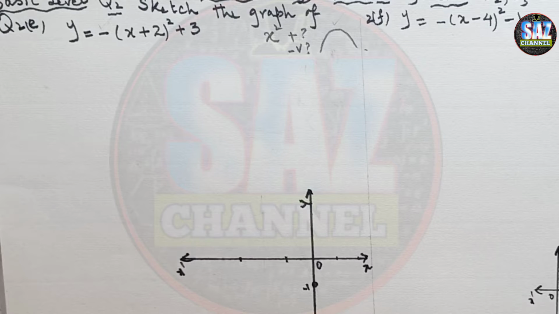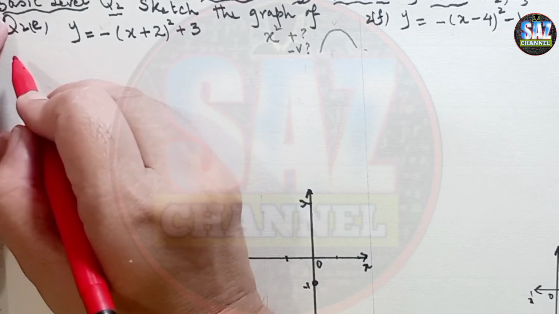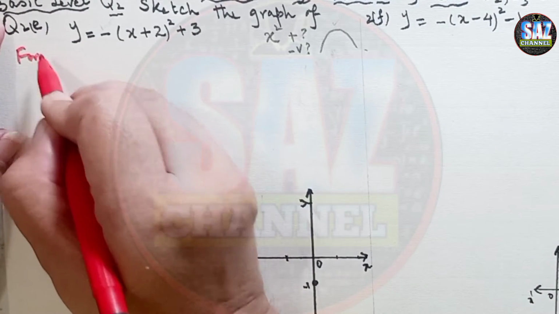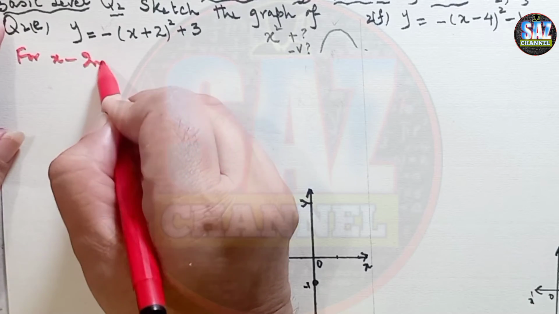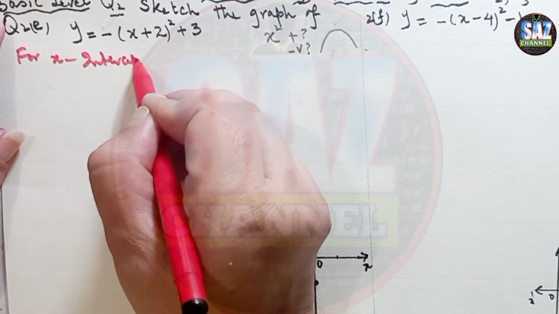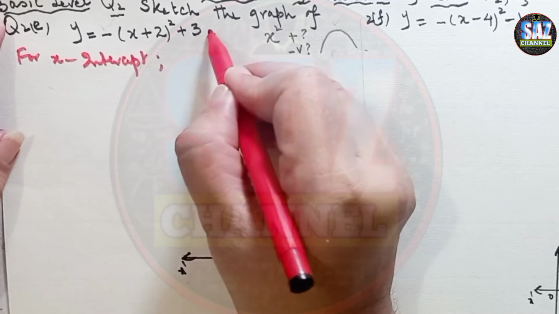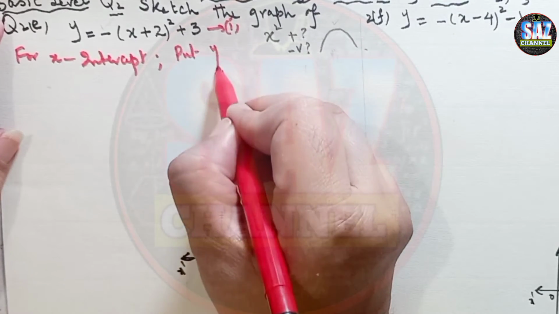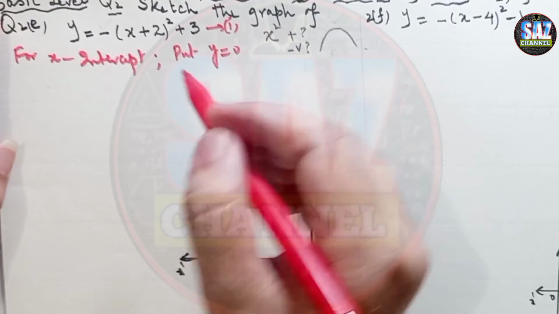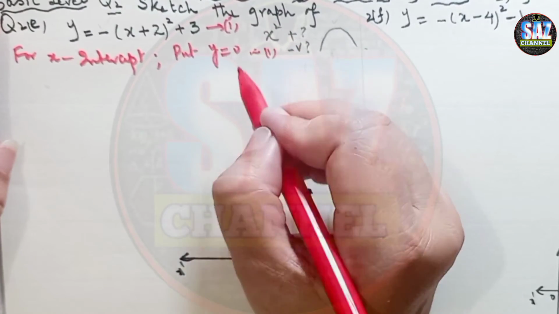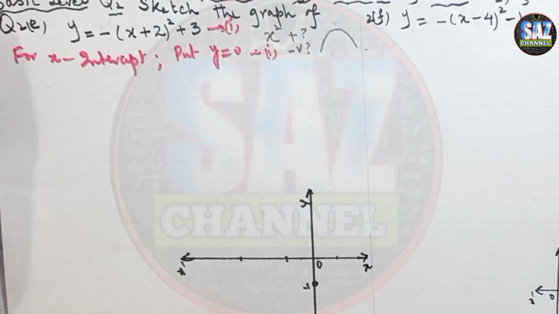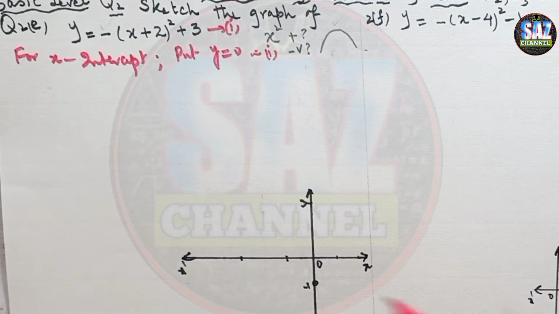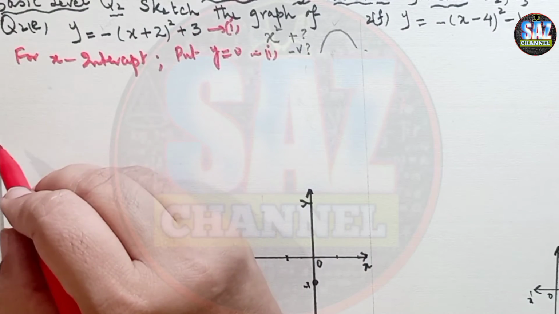For x-intercept, we have to put y equals to 0 in the given equation, or in equation 1. Always give such references so that the examiner can understand your message and working easily.